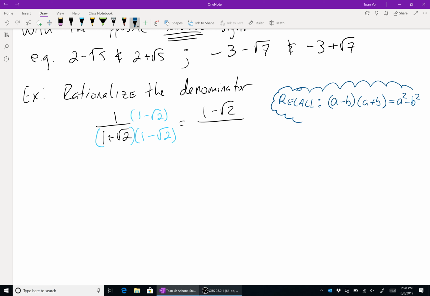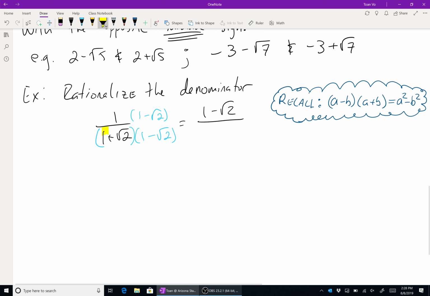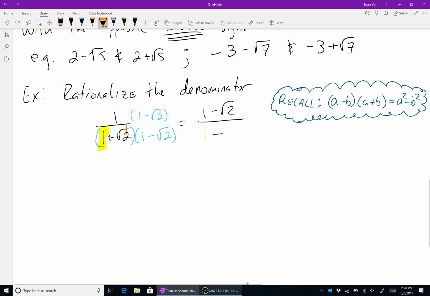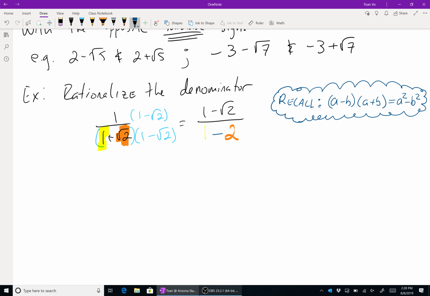The product of two conjugates is the difference of the squares. So in the denominator here, I don't have to do a lot of thinking. It's going to be this guy squared, so that's a 1, minus this guy squared. And if you square a square root of 2, it's just a regular 2. And then you go ahead and do math.